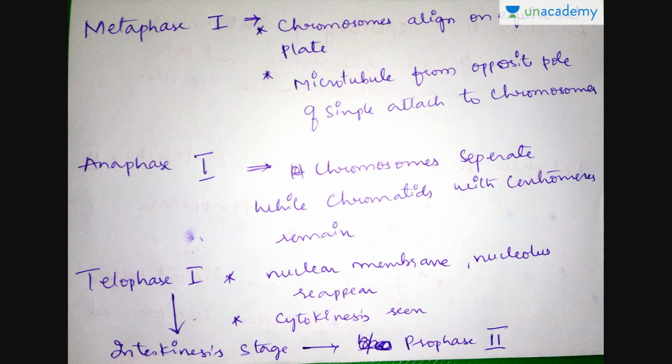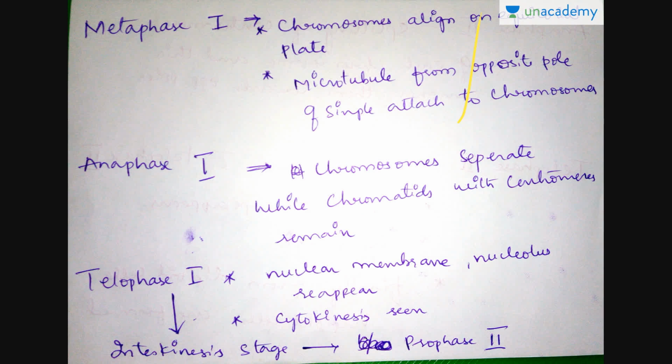Similar to mitosis, in metaphase 1 the chromosomes align themselves on the equatorial plate and the microtubules from the opposite poles attach to chromosomes at kinetochores. In anaphase, the chromosomes separate where chromatids with centromeres remain. So during metaphase, what happens?